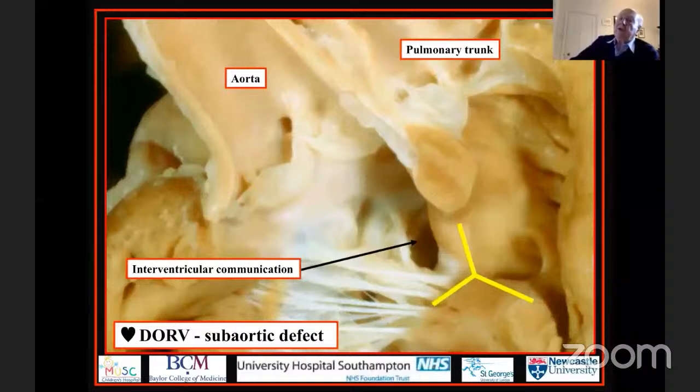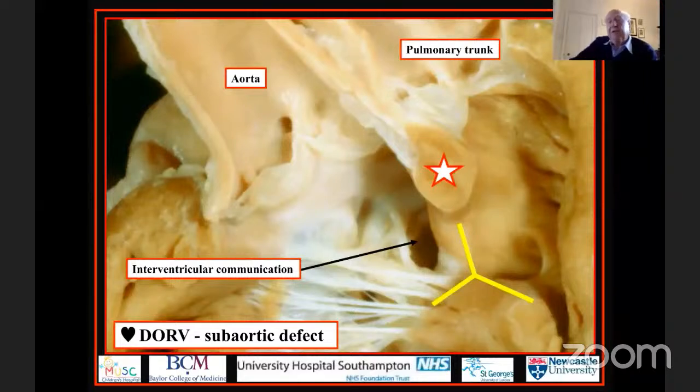It's opening, as it usually does in the setting of double outlet right ventricle, to the right ventricle between the limbs of the septomarginal trabeculation or the septal band. And there you see the muscularized proximal outflow cushions. In this setting, muscularization of these cushions forms the muscular outlet septum.